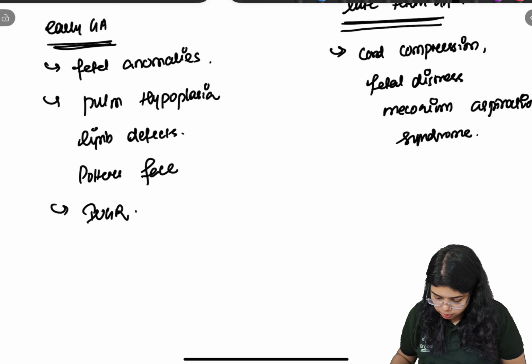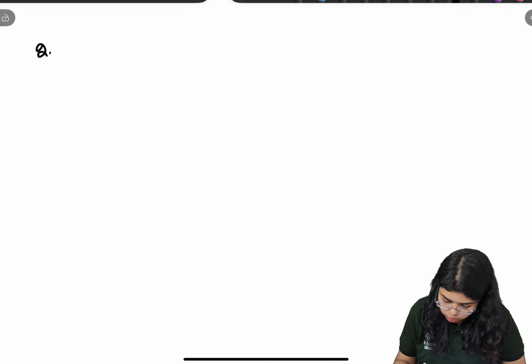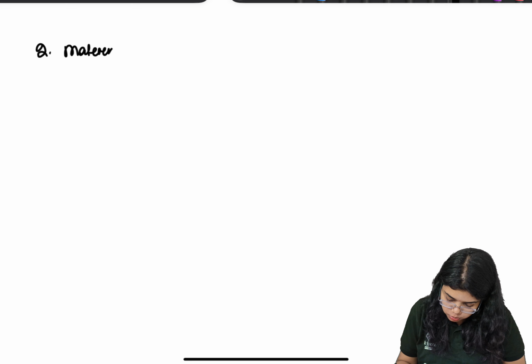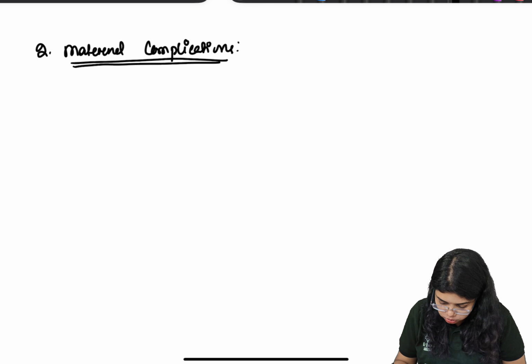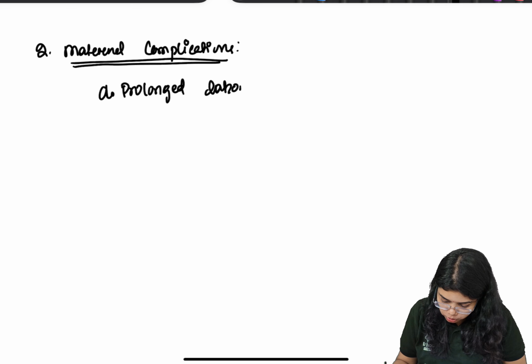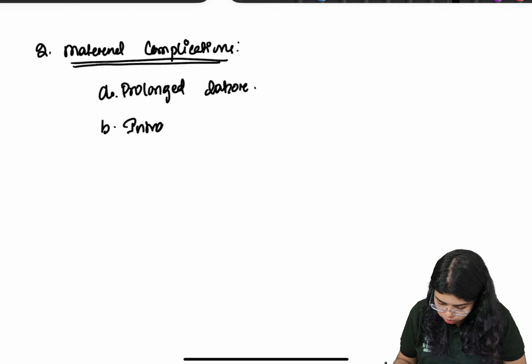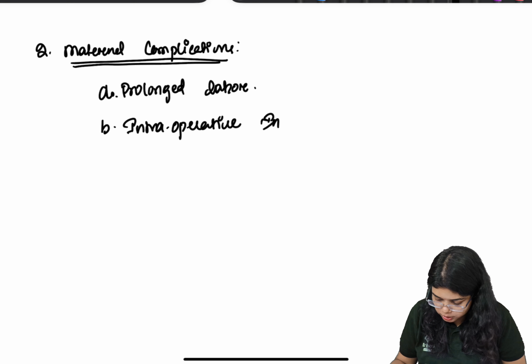Then, what are the maternal complications? Maternal complications, as there is less liquor, the labor will be delayed. Okay, so there is prolonged labor and intraoperative interference due to malpresentation.